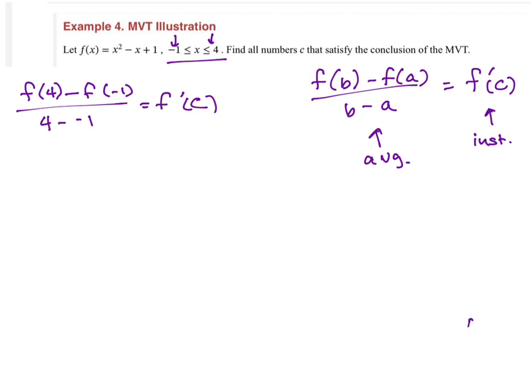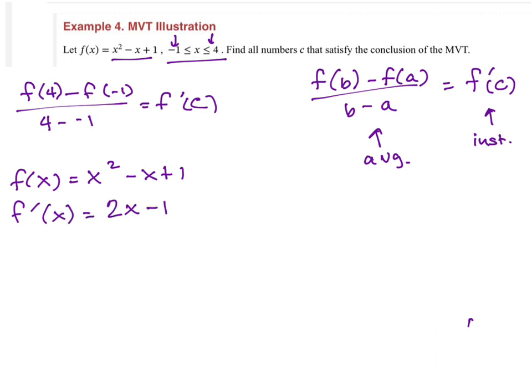Let's figure out what f prime is. If we've got f of x equals x squared minus x plus 1, then f prime of x is going to equal 2x minus 1. Right? And somebody go on your calculator, let's do f of 4.